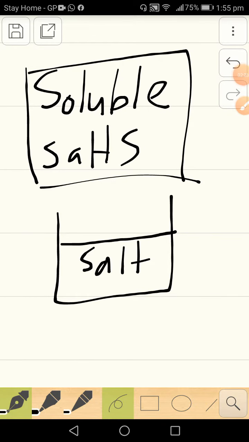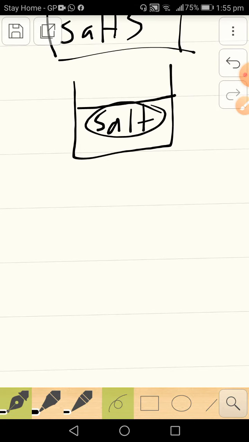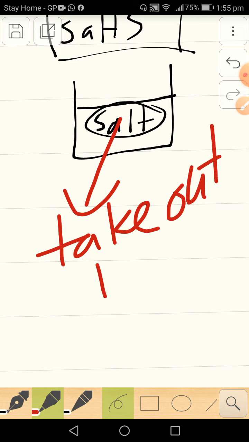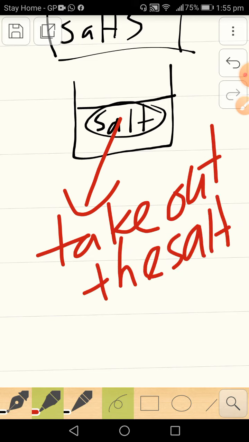Suppose a salt is dissolved in water, forming a solution. Now I ask you to take out the salt from this solution. I am asking you to take out the soluble salt from the solution.